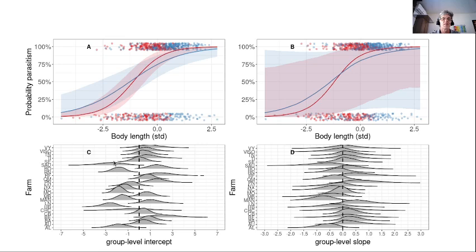Notice that the average values of these distributions are very different from each other, and some are wider, some are narrower. This is all related to the number of data points. The width is related to the number of data points in each of these farms or groups.